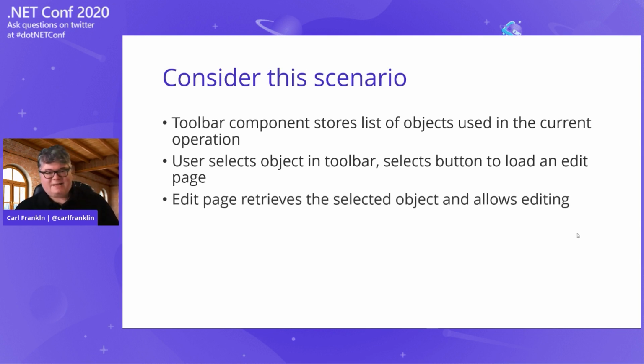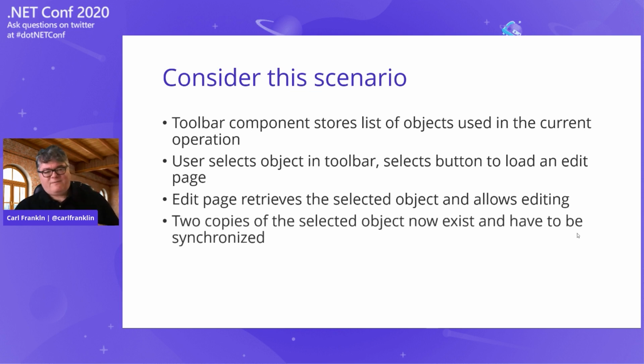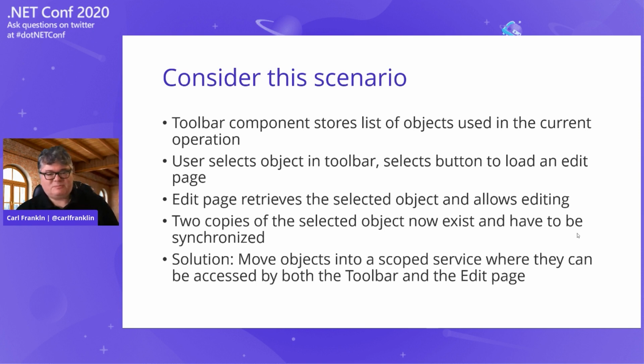So editing the page retrieves the selected object and allows for editing. So if the page isn't using the same object that the toolbar is using, you've got two copies of that selected object existing, and now you have to synchronize those things. And it's a pain, and we shouldn't be doing it. So the solution is to move those objects into a state bag, a scoped service, where they can be accessed both by the toolbar and the edit page.